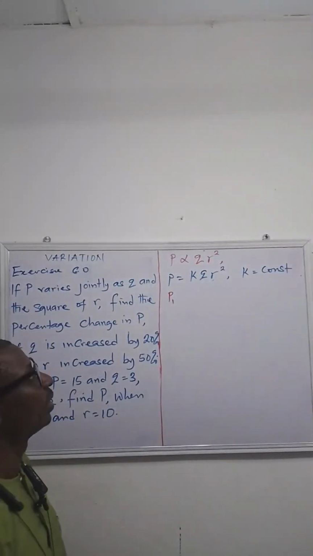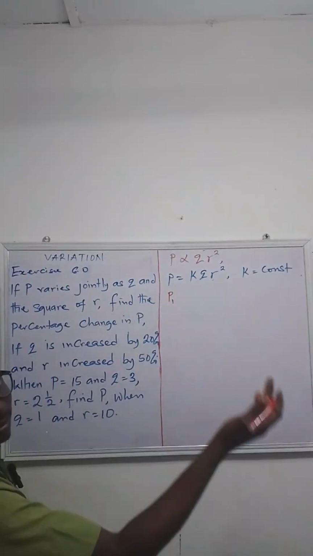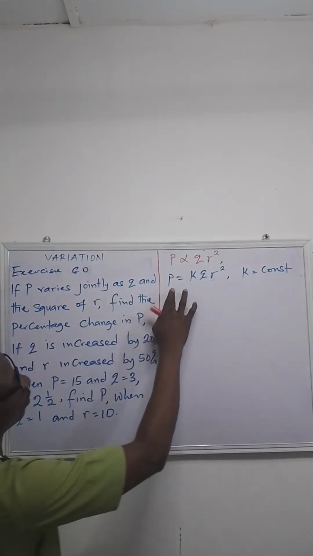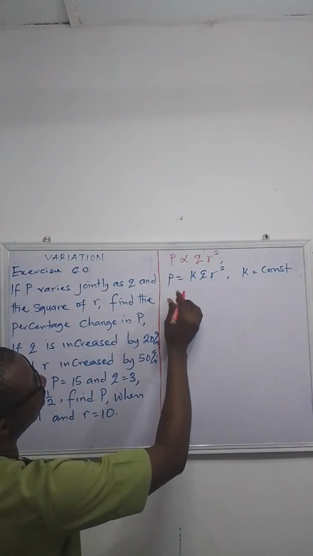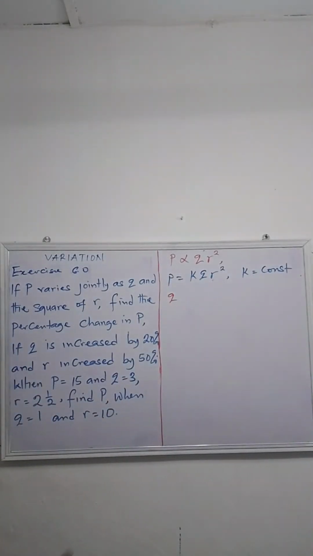Sorry, that's Q that is increased by 20%.